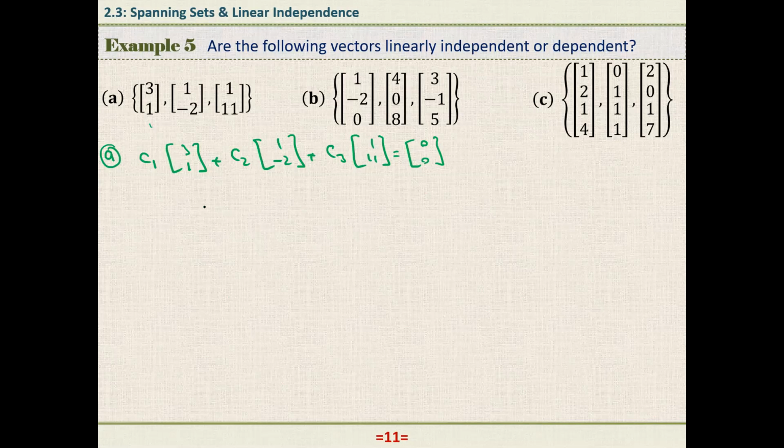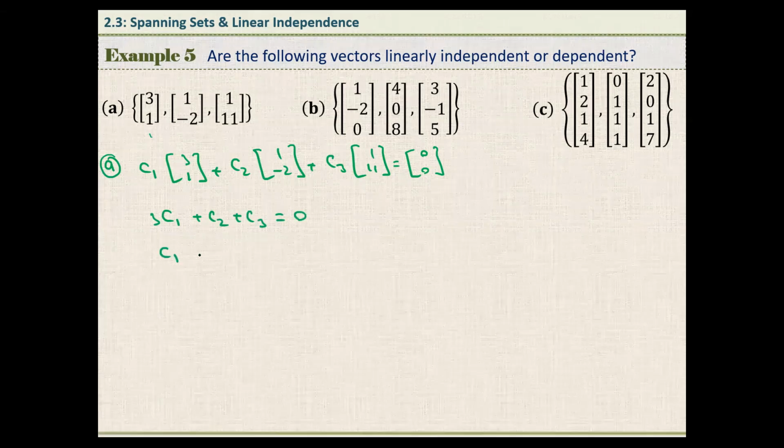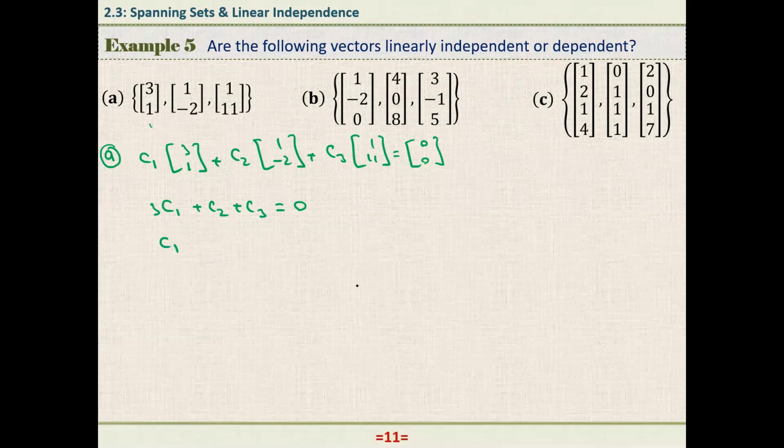To solve this equation, here we have 3 times c1 plus c2 plus c3 equal to 0, and c1 times 1 is c1, c2 times negative 2 is minus 2 c2, and c3 times 11 is plus 11 c3, equal to 0.